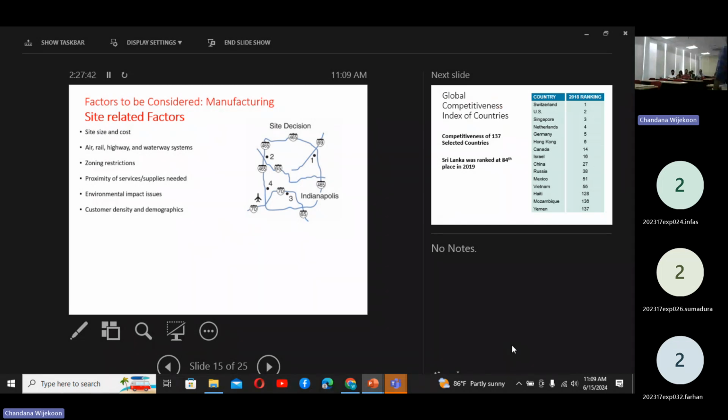Say for an example now, multinational food chains like KFC, Pizza Hut and all, right? When they look for regions to operate, and then within the region certain countries to operate, and within the country to establish their outlets, right?